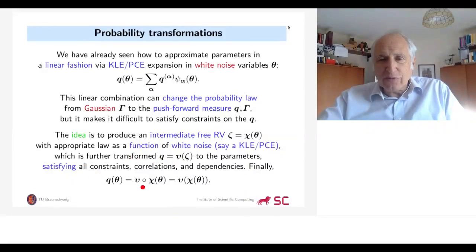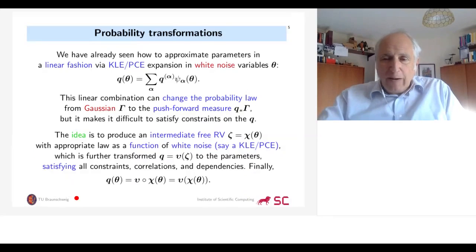So finally the Q is the composition of the two, one after the other: first the chi, and then the upsilon here. This little guy here is an upsilon. It's not a V, it's a Greek letter upsilon. Okay, good. And so I'll mainly talk about this transformation, what it looks like for different kinds of parameters.